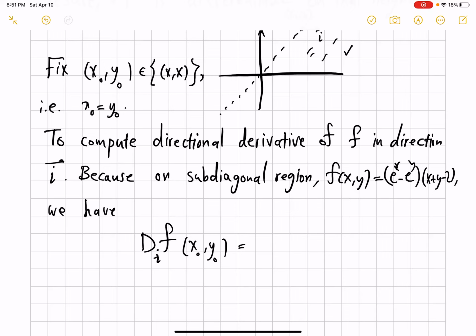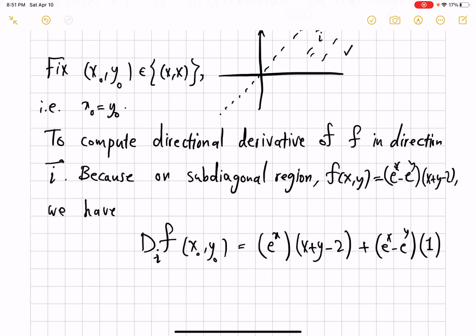So partial of that will be e to x multiplied by x plus y minus 2 plus e to x minus e to y multiplied by derivative of that one, which gives you 1. Remember, I'm taking derivative with respect to x, and y is just a constant. That's why these appear.